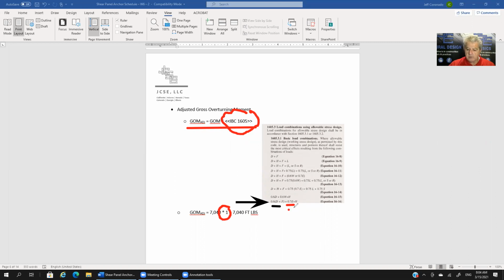So we don't need to take this 0.7 into account. That's already been taken into account. So our design gross overturning moment becomes the calculated gross overturning moment times 1. Therefore, our design gross overturning moment for that wall pier is 7,040 foot-pounds.